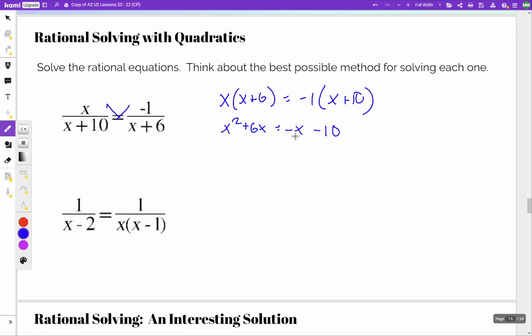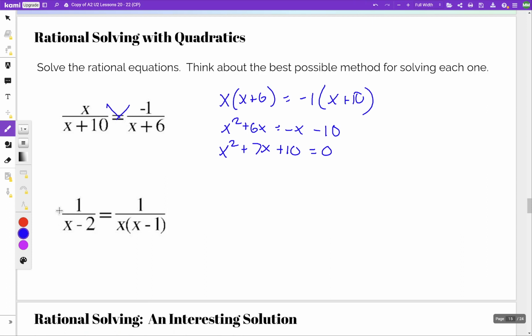So I'm going to add the x to both sides, and then I'm going to also add 10 to both sides. And so what I'm going to get is x squared plus 7x plus 10 equals 0. Remember that with quadratics, you want the equations to equal 0 so that you can apply the zero product property.